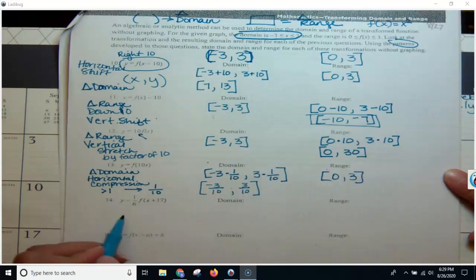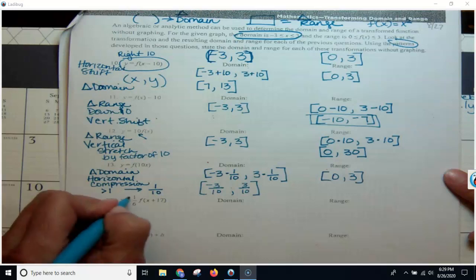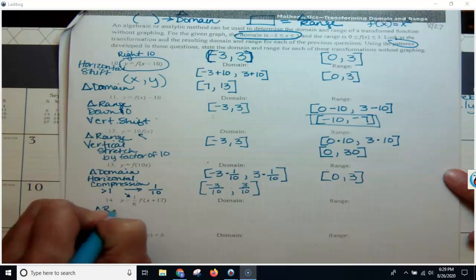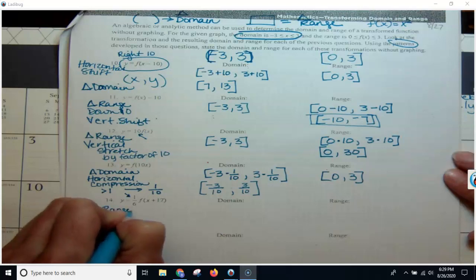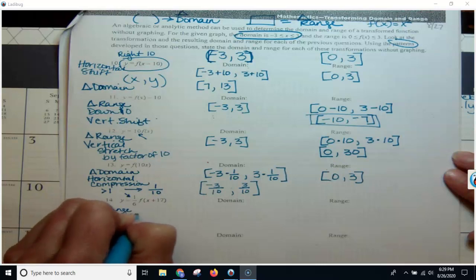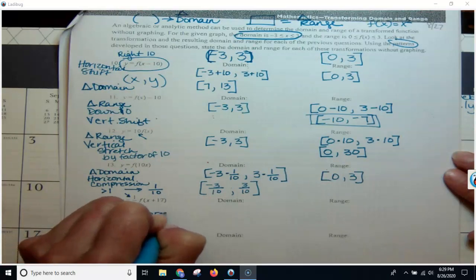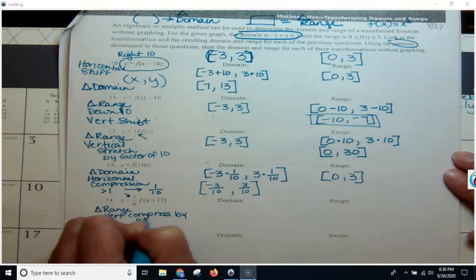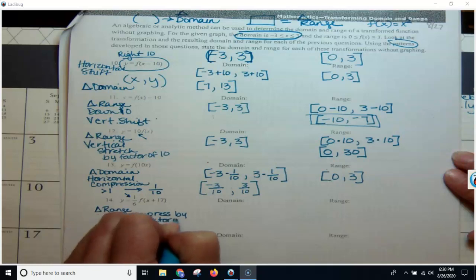All right, so now we've got something that looks like this, where we're going to change the range with the outside number. So this is a vertical compression because it's less than 1, by a factor of 1/6.